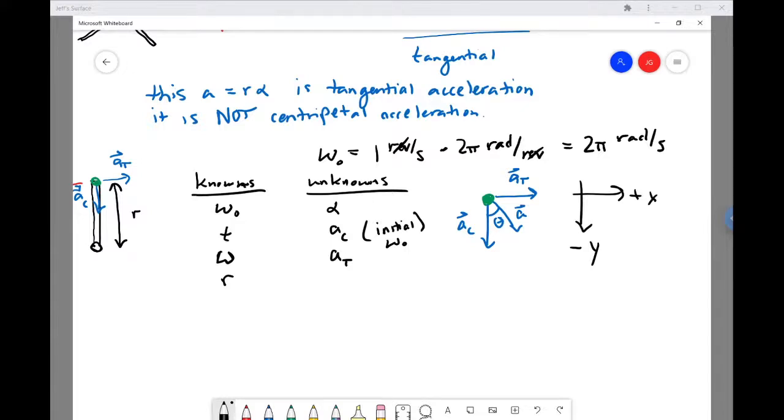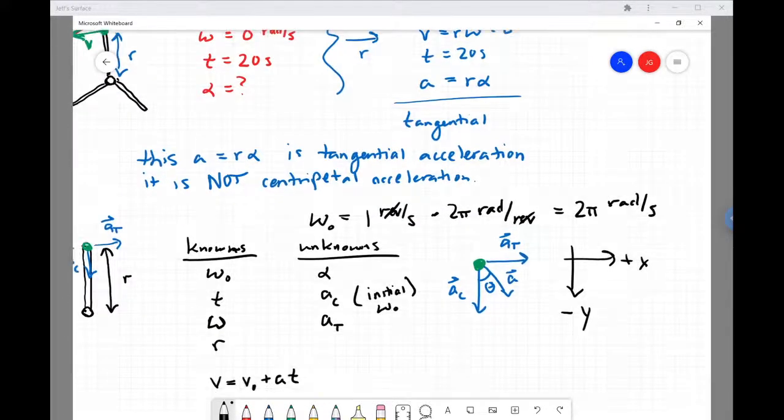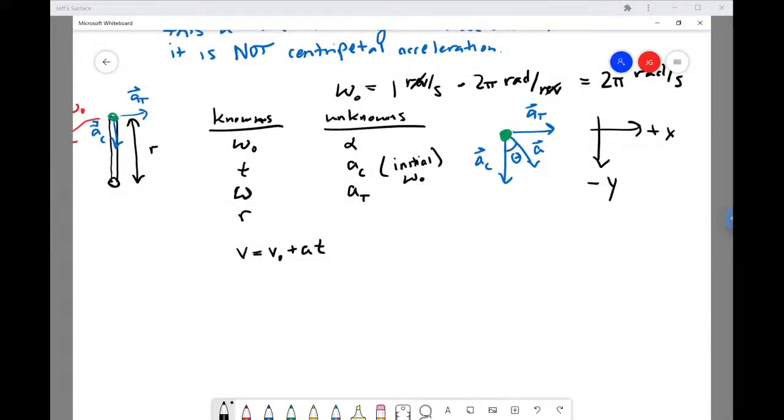Well, let's find alpha first. If we know one of our kinematic equations of motion is v equals v naught plus at, then translating that to the angular, putting in these angular quantities for the linear quantities v and a, this becomes omega equals omega naught plus alpha t.